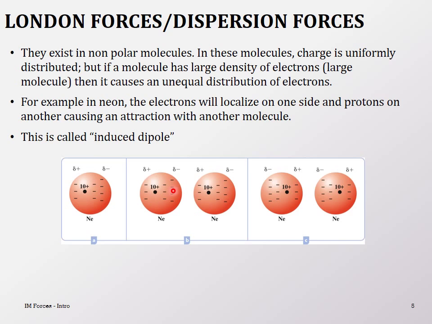And when they approach another atom, the negative side of one atom will attract the positive side of another one. This creates what we call an induced dipole. By themselves they really have no polarity until another atom comes by, and then you get this induced dipole.